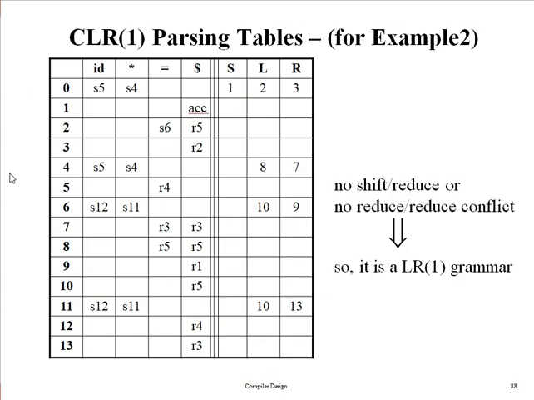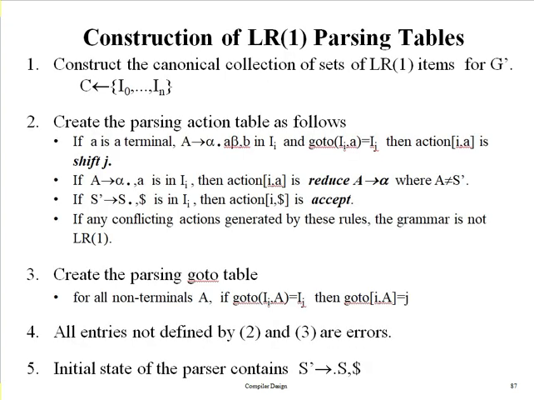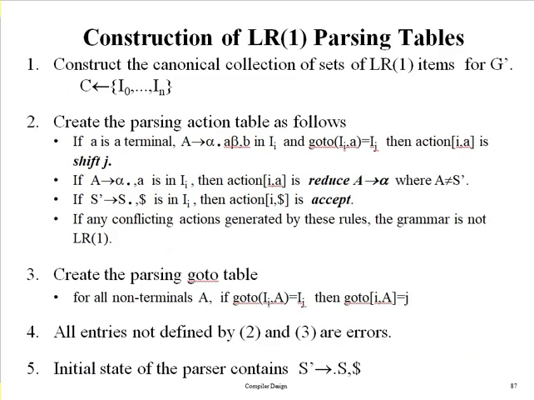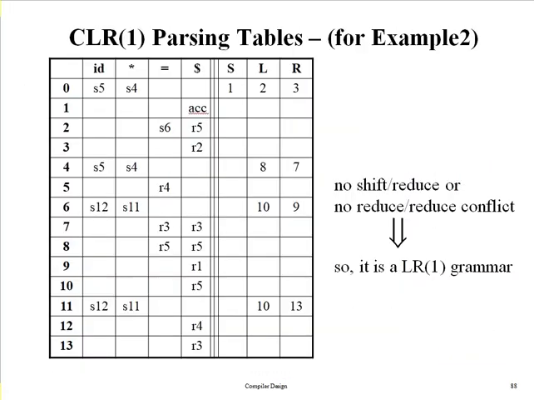So you can check how you can fill those items, the rows, by the corresponding actions and the state values. As you can observe from this parsing table, there is no shift reduce conflict, and there is no reduce reduce conflict.